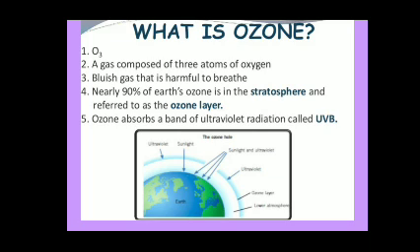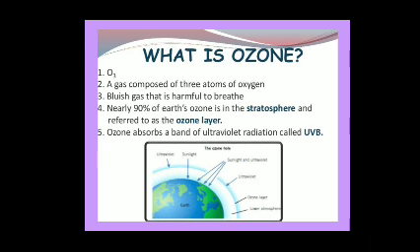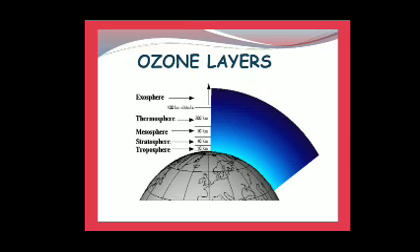This ozone layer absorbs a band of UV radiation called UVB, ultraviolet B, formed at the ozone layer in the stratosphere.